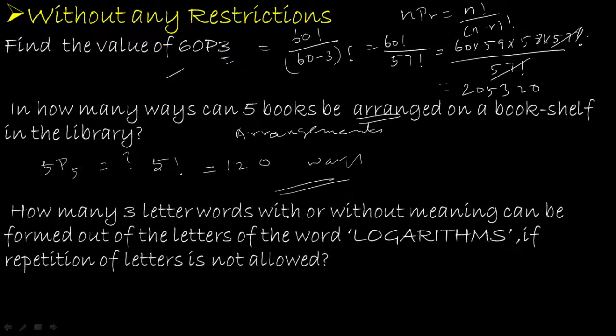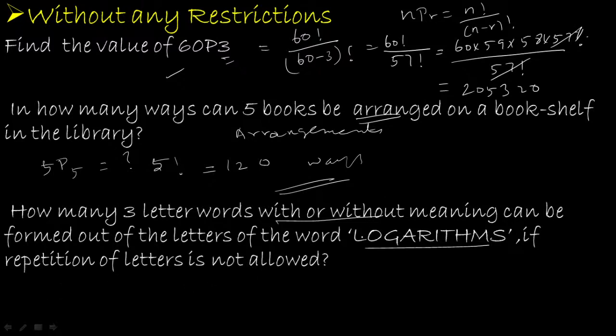Next, how many 3-letter words, with or without meaning, can be formed out of the letters of the word LOGARITHMS, if repetition of letters is not allowed? Here it is clearly mentioned, because the problem is given in terms of words. If it is given, definitely they mention whether repetition is allowed or not allowed. So, here repetition is not allowed.